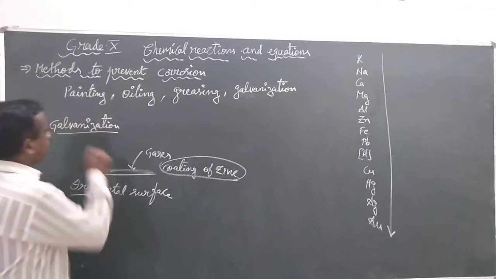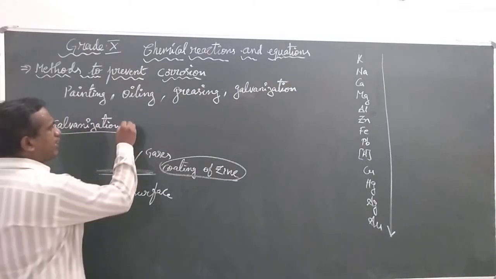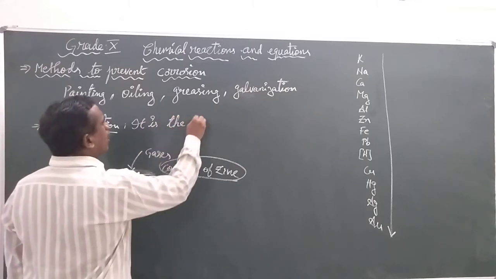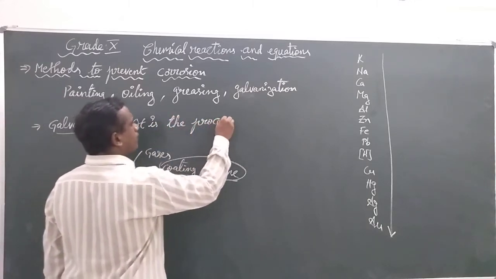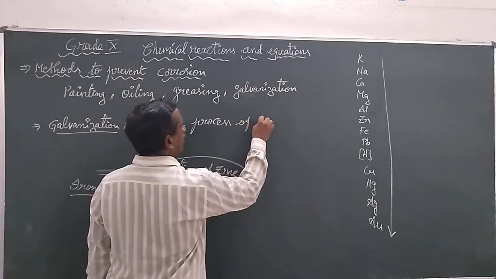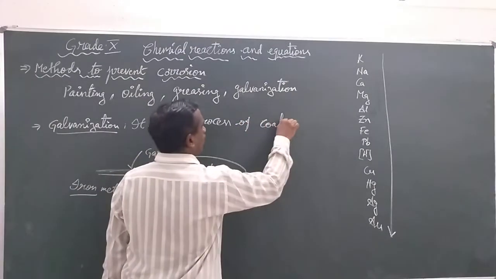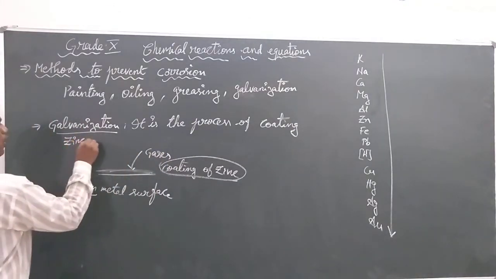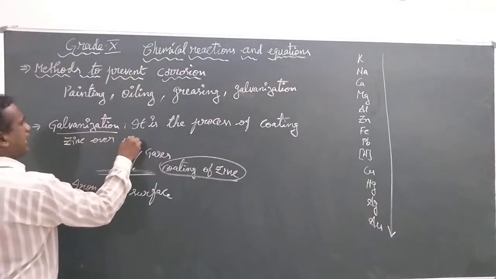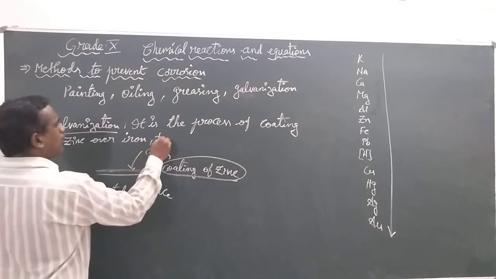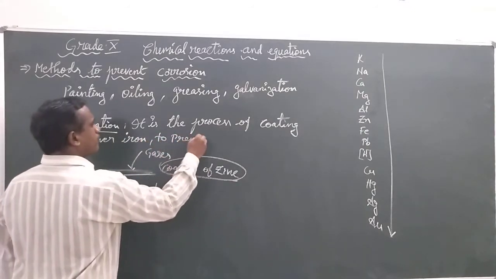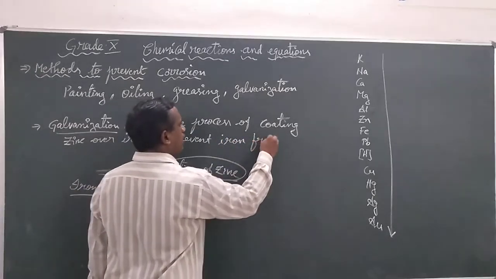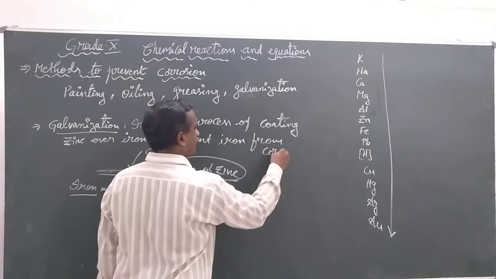So, what is the definition of galvanization? It is the process of coating zinc over iron to prevent iron from corrosion.